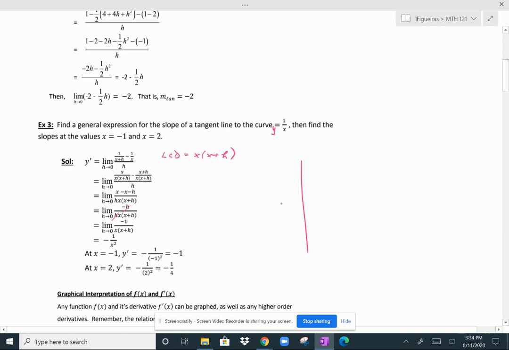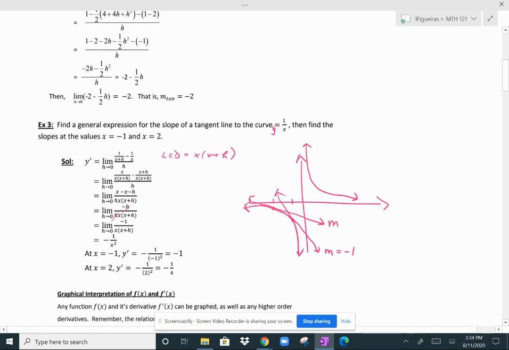at that particular value. So let me just draw a graph of 1 over x. 1 over x looks like this, and like this. And so what this is saying is that at negative 1, the slope here would be negative 1. And at negative 2, notice that the slope of the tangent line will be flatter.